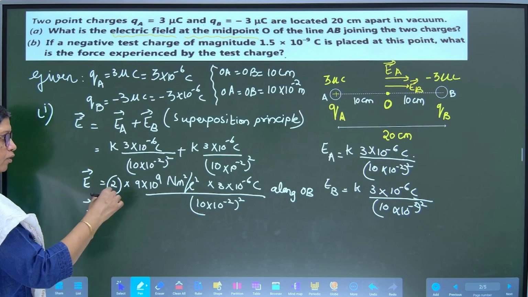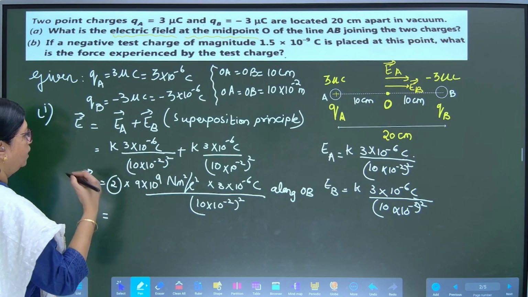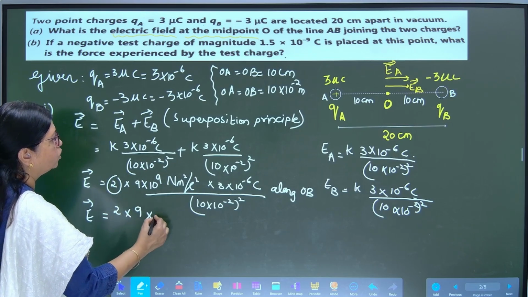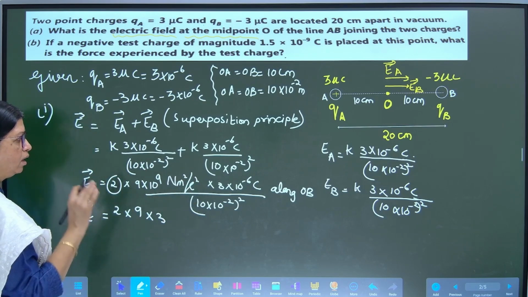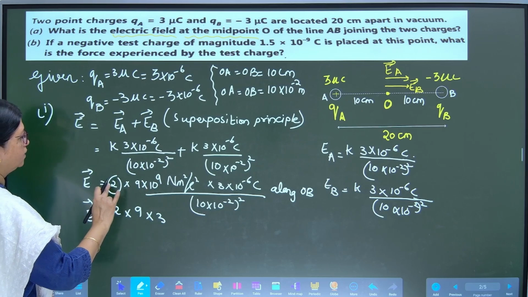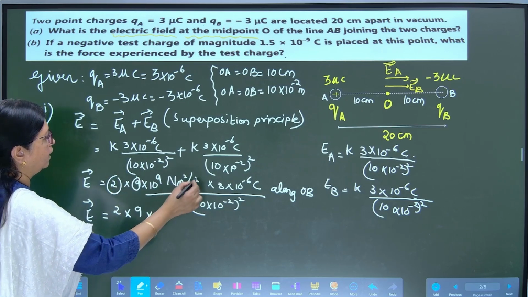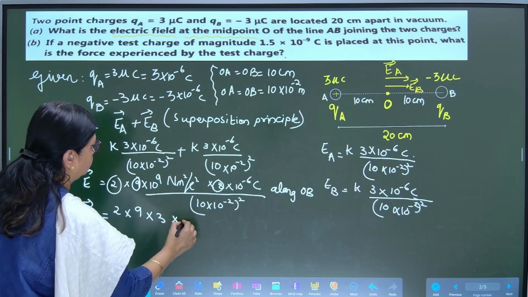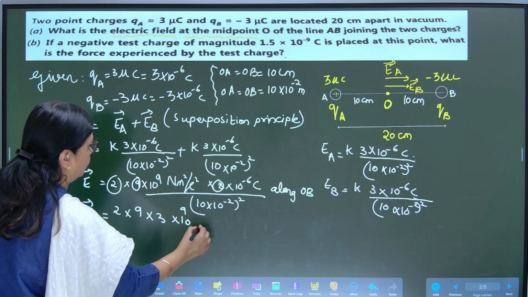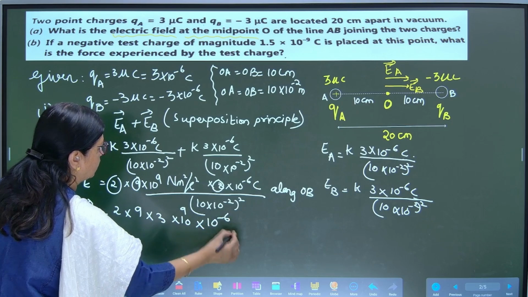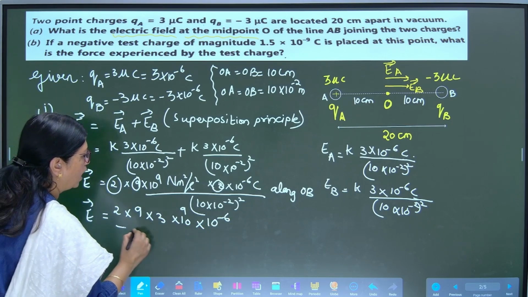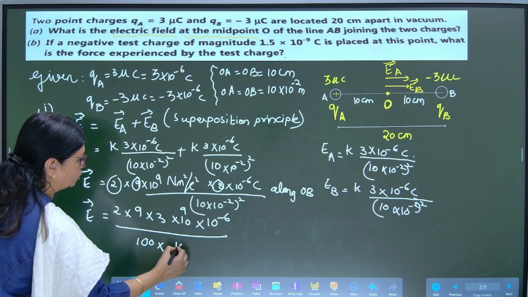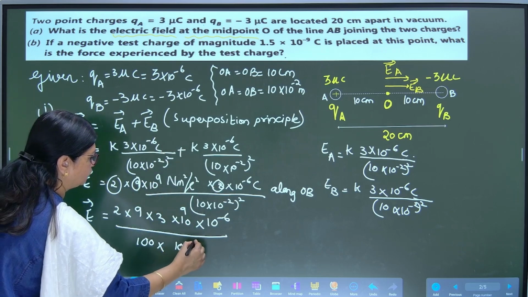E is equal to, now for such calculations, as I already say, always 2 into 9 into 3. Whatever numbers are there, you write in the numerator and the denominator. So I can see 3 numbers, 2, 9 and 3. There is no square also. Multiplied by the power 10 raised to 9 into 10 raised to minus 6. No other power is available to me. Then down I go as 10 square, that is 100, into 10 raised to minus 2 whole square, that is minus 4.